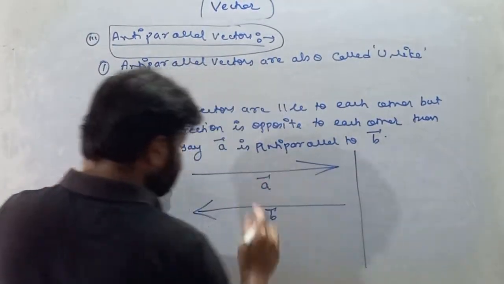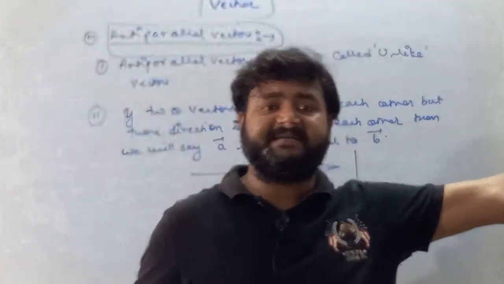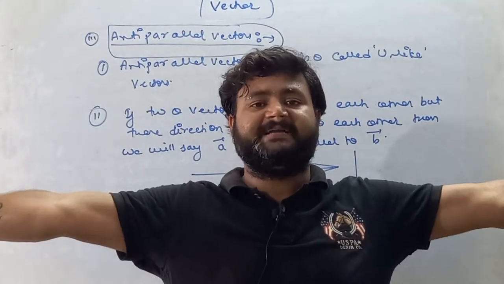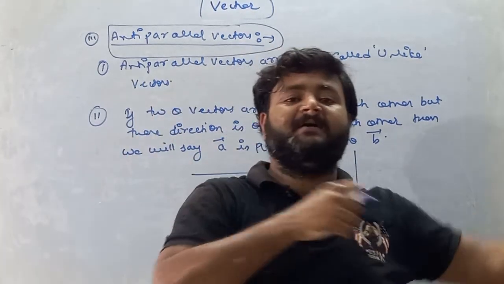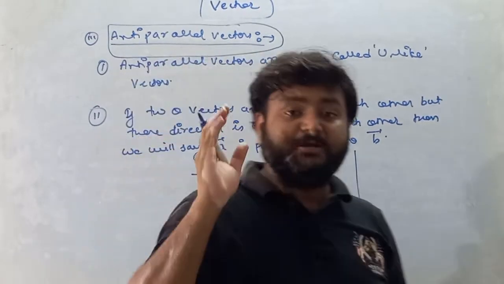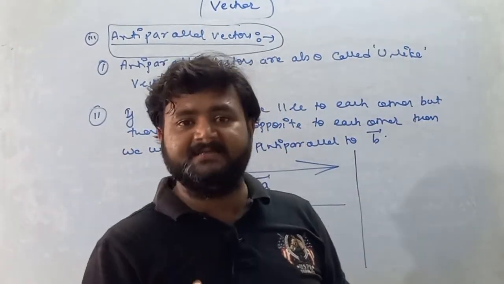Now I'll write, if their direction is opposite, one vector A is on this side, other vector B is on this side. So both the vectors are in different directions. So the angle between these vectors must be 180 degrees. So remember this thing beta, if two vectors are opposite in direction, then the angle between them is 180 degrees.